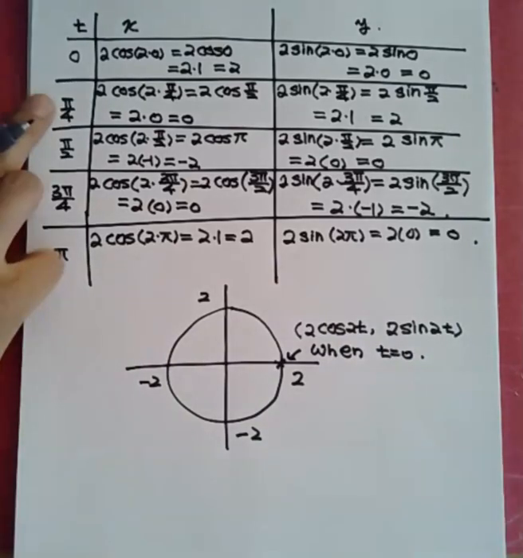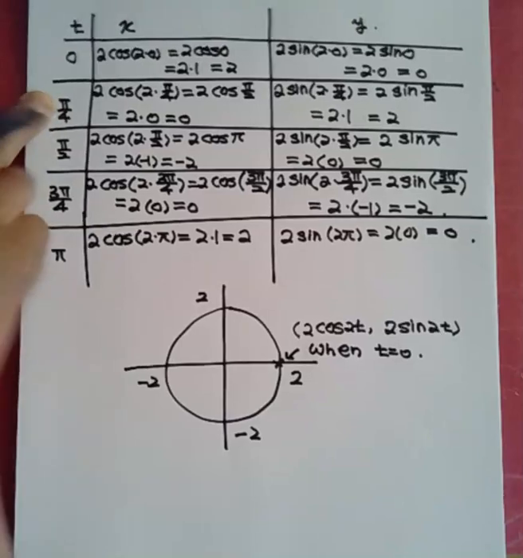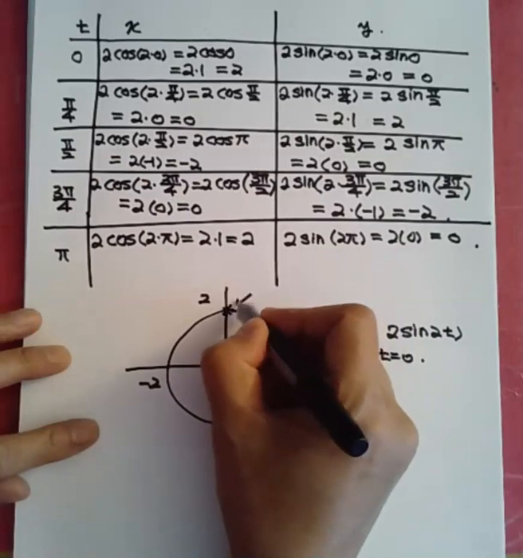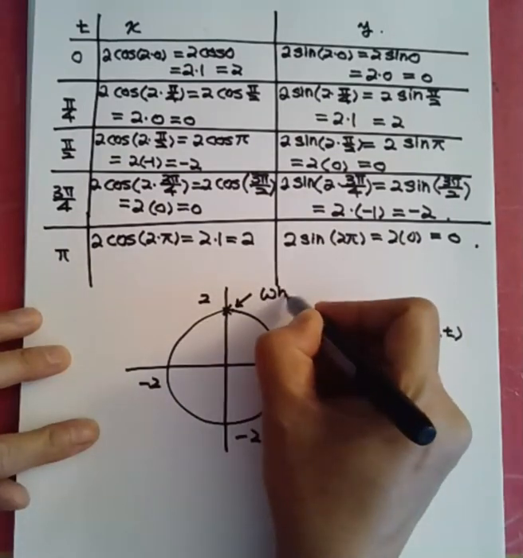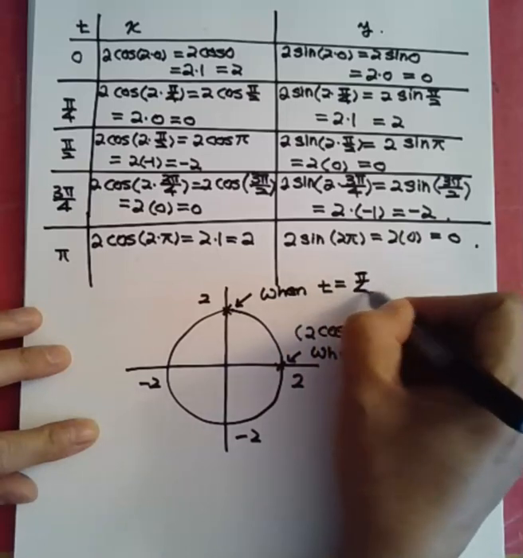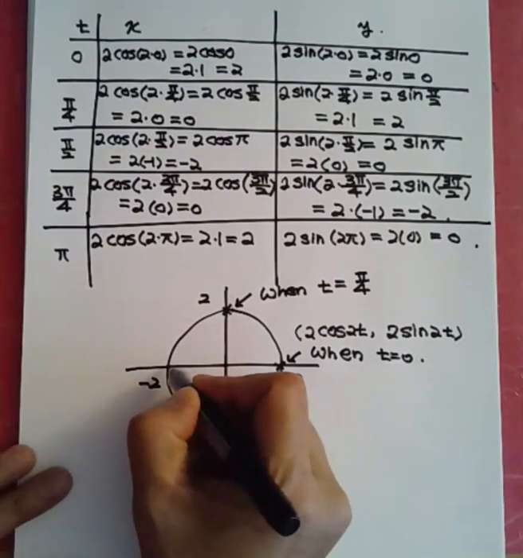And when t equals pi over 4, x is 0 and y equals 2. When t is pi over 2, x is minus 2, and y equals 0.